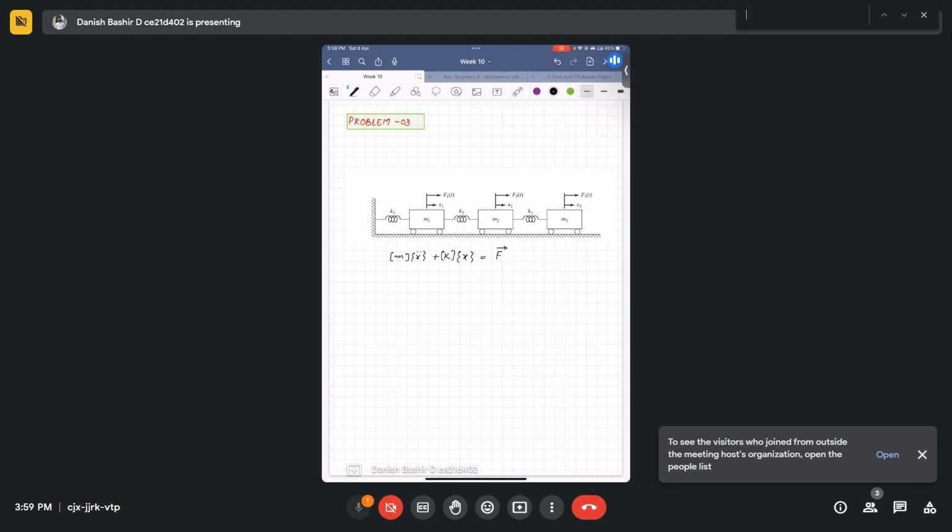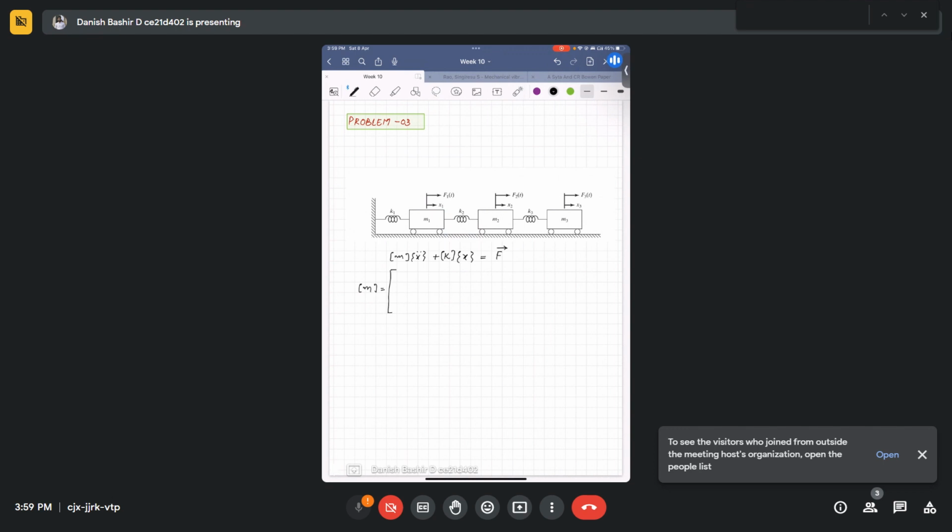For this system of equations, I will not be again writing the free body diagram for each mass and then writing the equation of motion. I will directly write the mass matrix. That thing is an exercise for you people. We derive it carefully one by one.